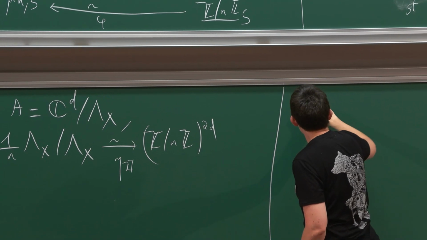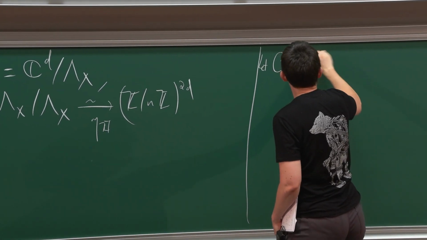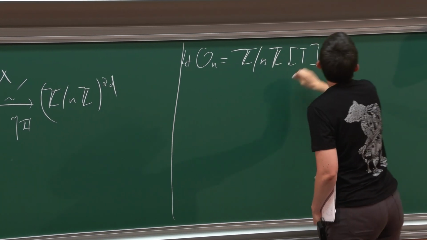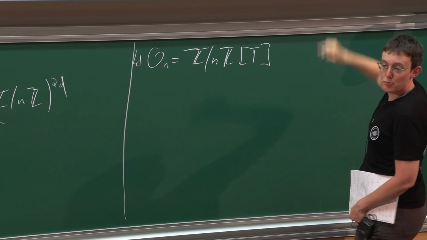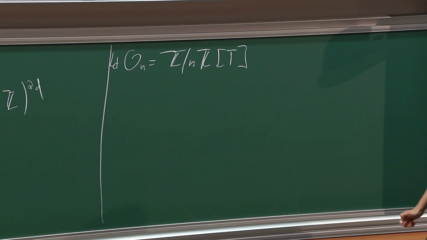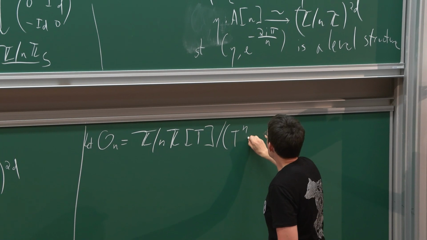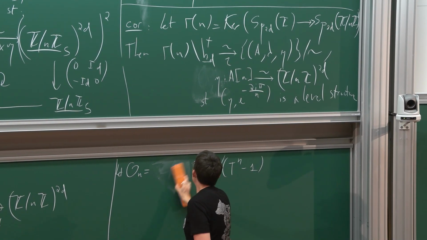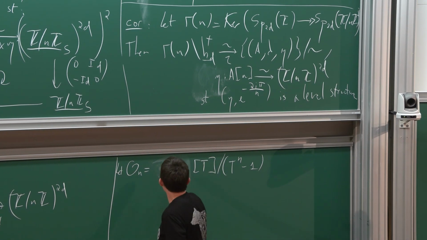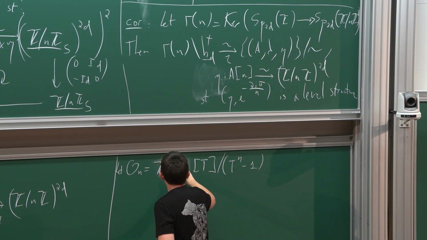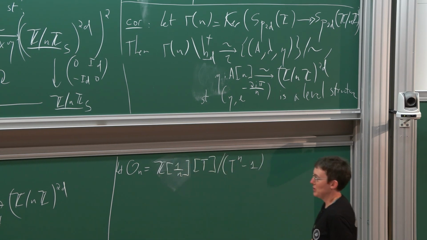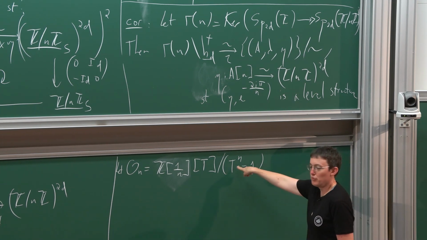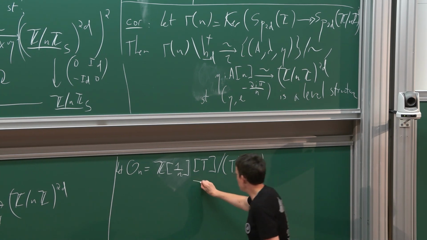So what do I need? To make sense of that moduli problem, I need a primitive nth root of 1. So I'm going to invert n, because I want isomorphisms like that to exist, and then I'm going to give myself a primitive nth root of 1, which I'm going to call zeta n.